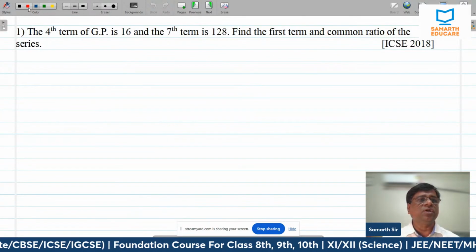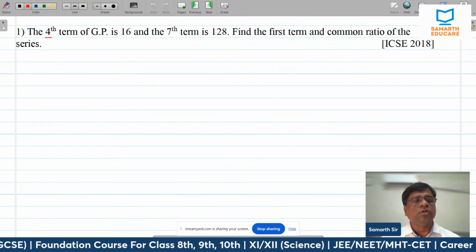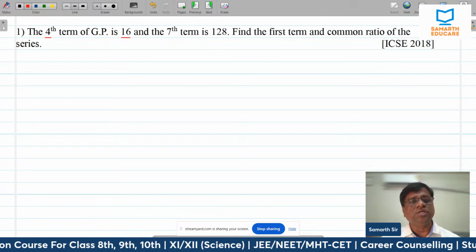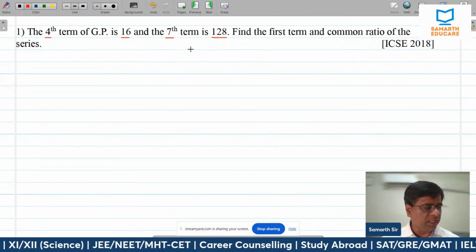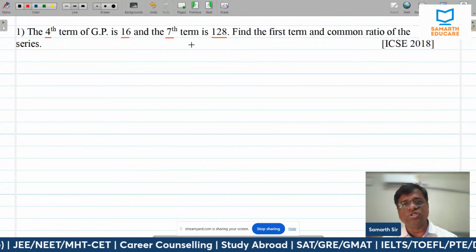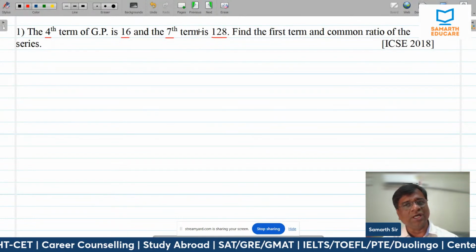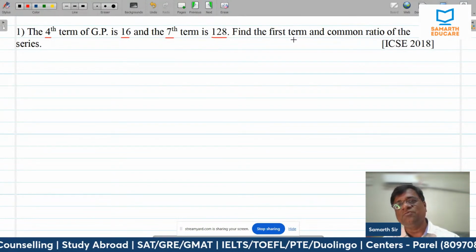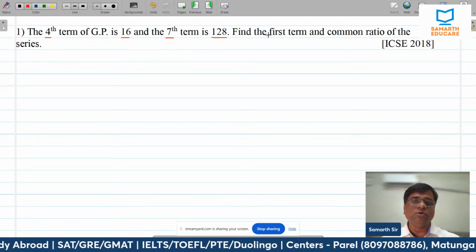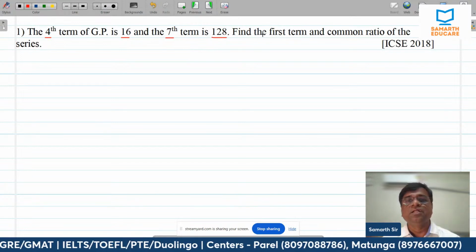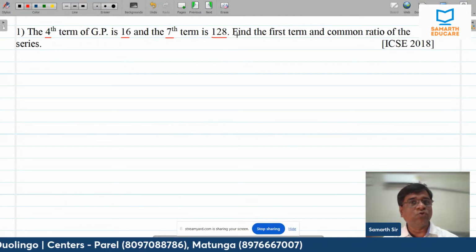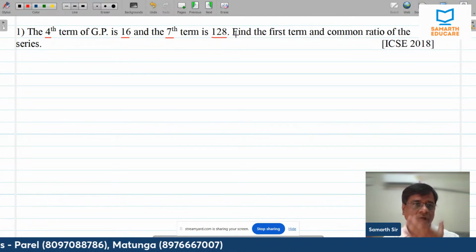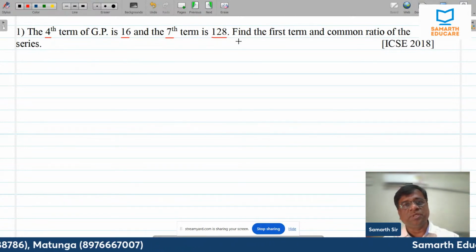A few questions we are going to consider: the fourth term of a GP is 16 and the seventh term of the GP is 128. If you remember, this kind of questions were asked in AP also. So again, here the question is find the first term and common ratio. There it was find the first term and the common difference. Also along with this, they may ask you to find out the GP, or sum of the GP.